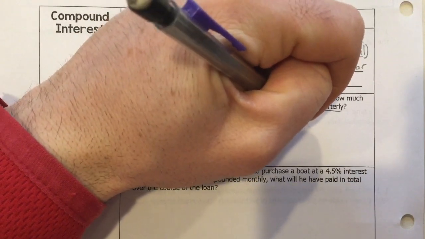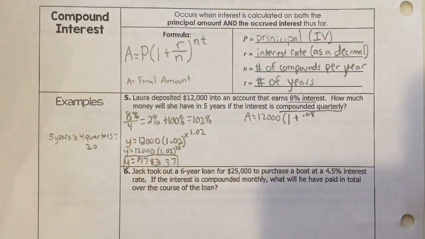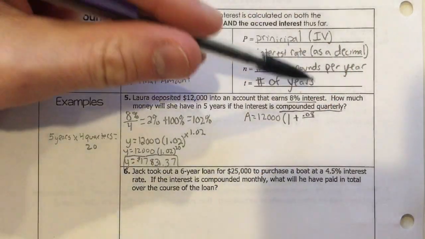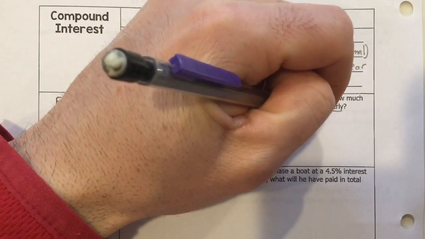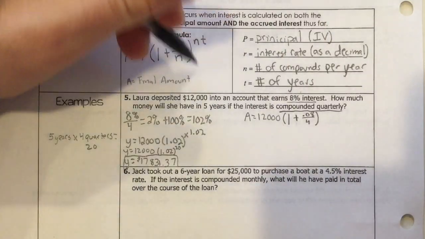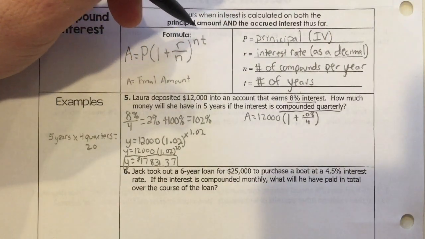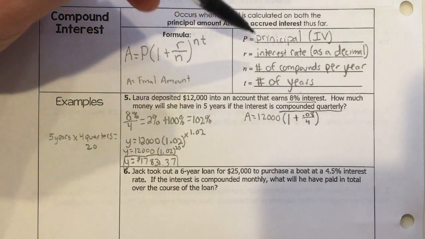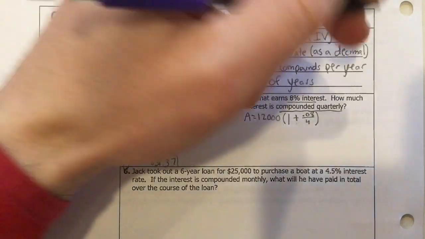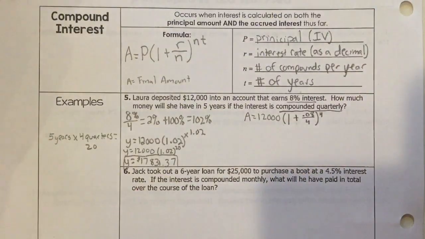As a decimal, it'd be 0.08, so go plus 0.08. And then divide by the number of compounds per year. We're getting it 4 times a year, dividing it by 4. And that's raised to the NT power. N is your number of compounds per year, which is 4. And number of years is 5. So 4 times 5 in the exponent.